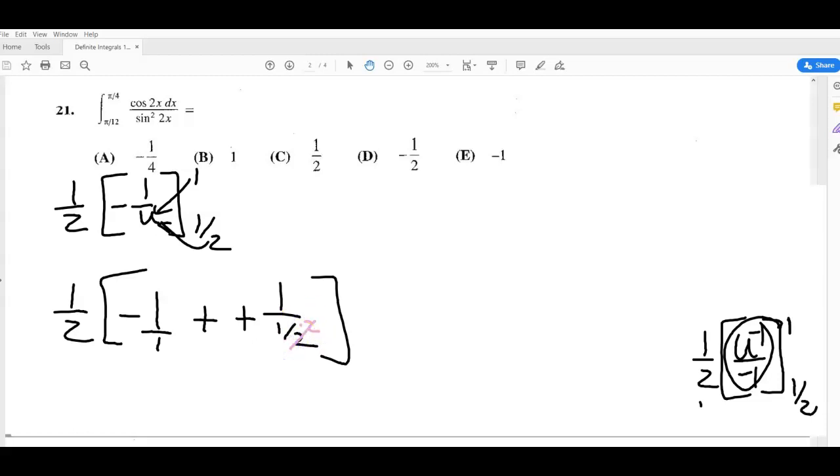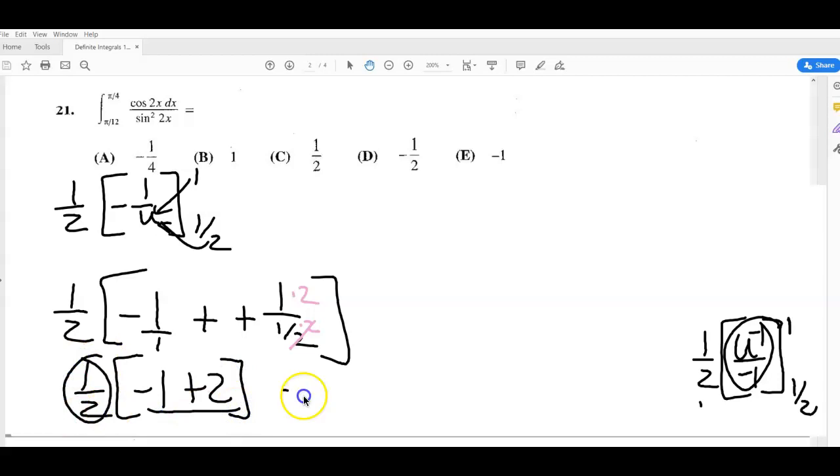But whatever you do to the bottom of that fraction, you got to do the top also. So this ends up basically just becoming 2. So we end up with 1/2 times negative 1 plus 2. Now this -1 and 2 just makes 1, so 1 times a half is just going to end up being half as your final answer. So there's that one.